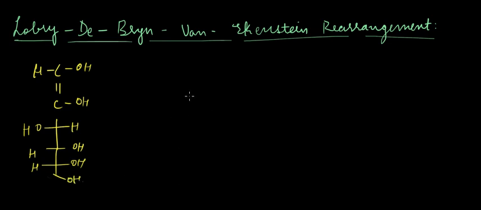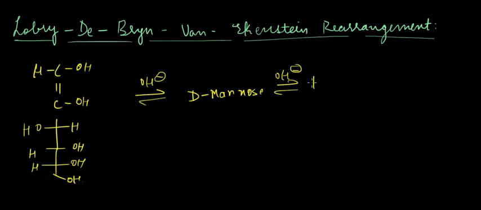Okay, so this is when we pass this into, let's say, a basic medium. We get D-mannose, and when we pass D-mannose again into basic medium, we get D-fructose. Obviously this is D-glucose.